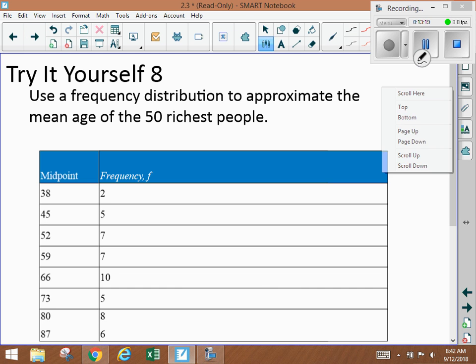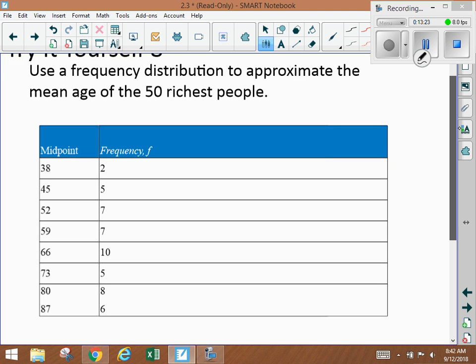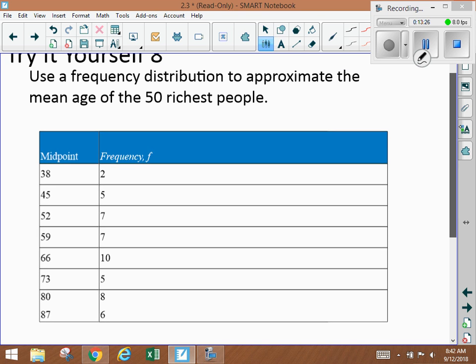Okay, let's see. We're going to use the frequency distribution to approximate the mean age of the 50 richest people.